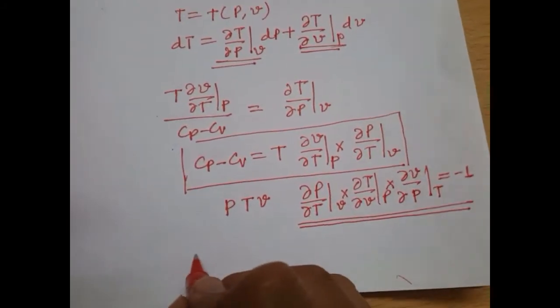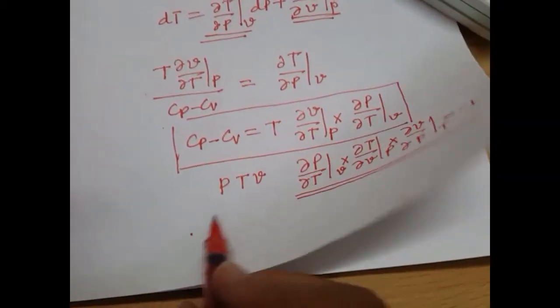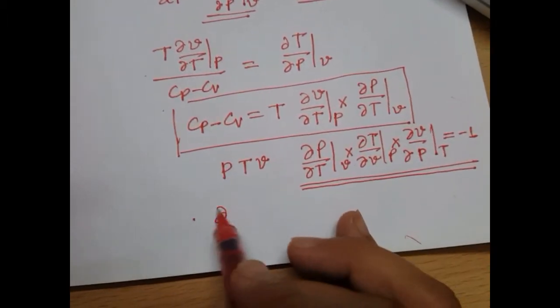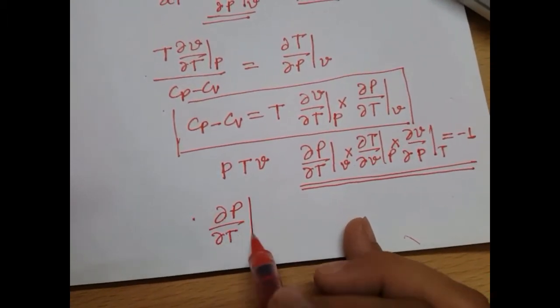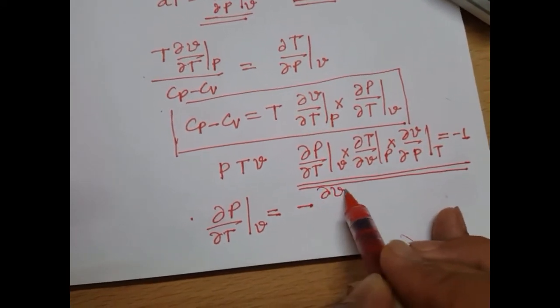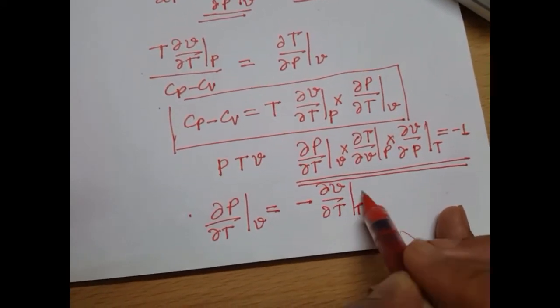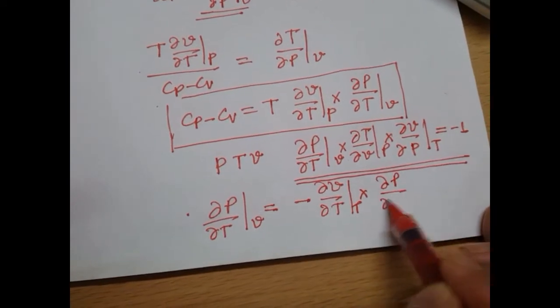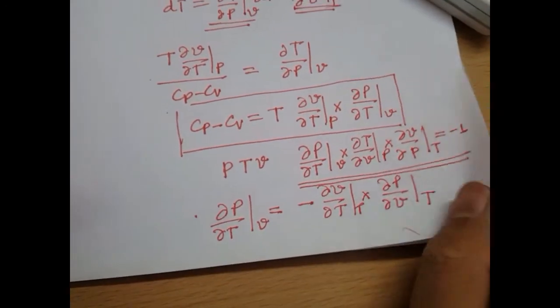So what I can write here is del P by del T at constant volume will be minus del V by del T at constant pressure into del P by del V at constant temperature.